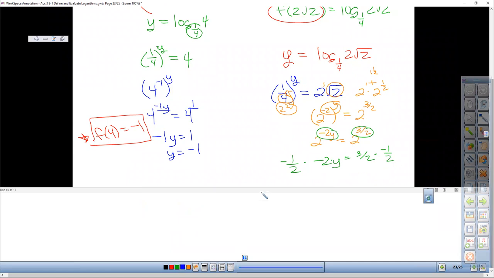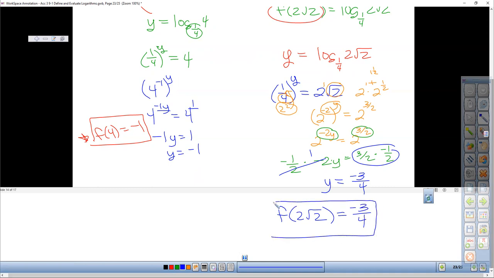So negative 2 times negative 1/2, its reciprocal, is 1. So now I have y equals, multiply straight across for the fractions, gives me negative 3/4. So in this case, the exponent value, what the logarithm is equal to, is negative 3/4. And that is also my f of 2 root 2 in this particular structure and context.